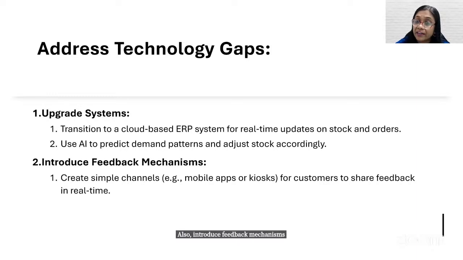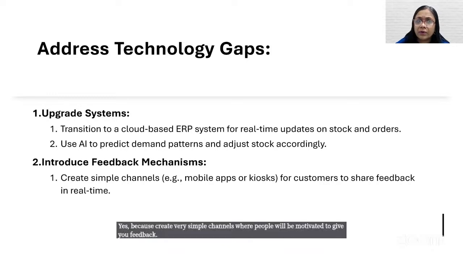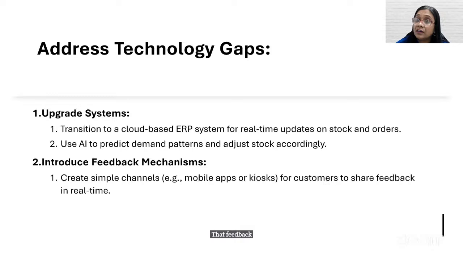Create very simple channels for customers to share feedback, like mobile apps or kiosks, where people will be motivated to give you feedback. That feedback will further be used to address any gaps that might occur in the future. Very much required.